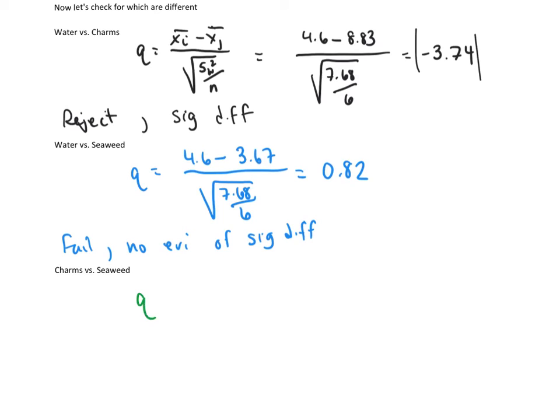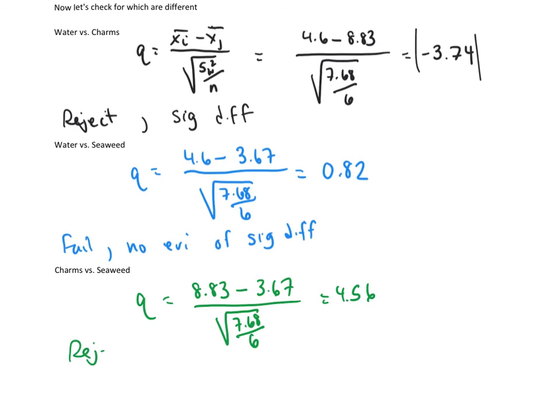So the charms versus seaweed is going to be 8.83 minus 3.67. And you pretty much know this one is going to reject as well because this is going to be bigger than the first one. The difference in the bottom is the same. And it becomes 4.56. So we can reject those as being significantly different as well.